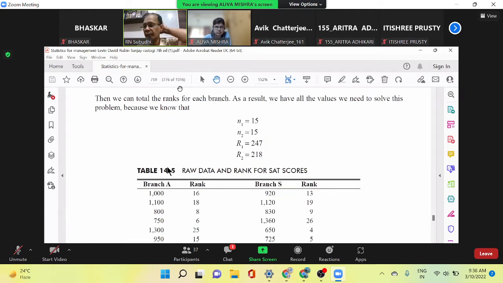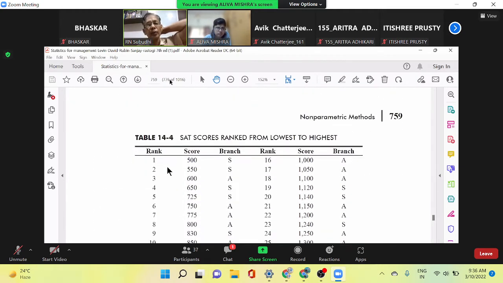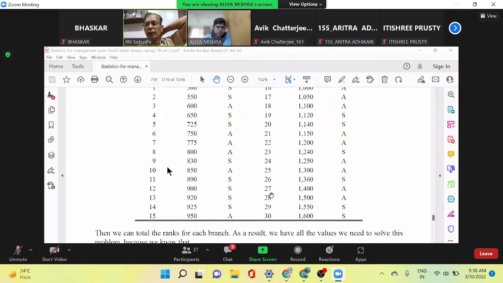All of you read either from your printed book or the soft copy. Aliva, go to the paragraph where run is explained.